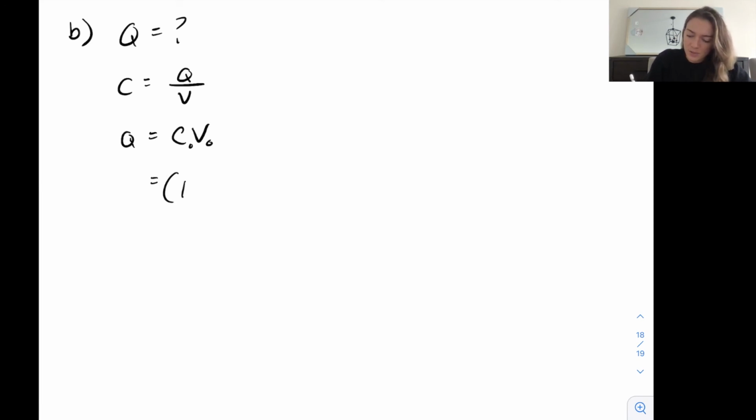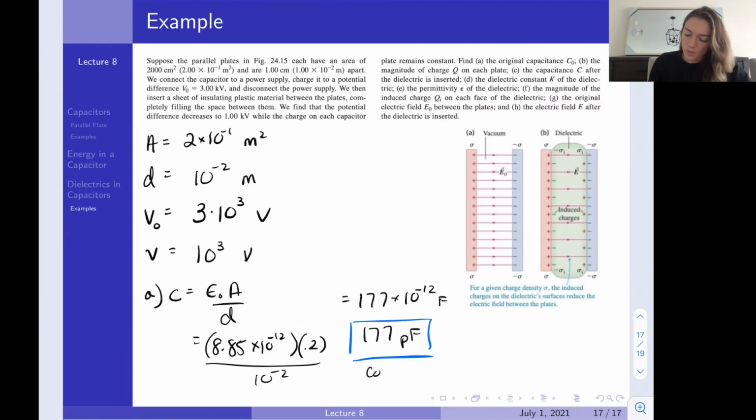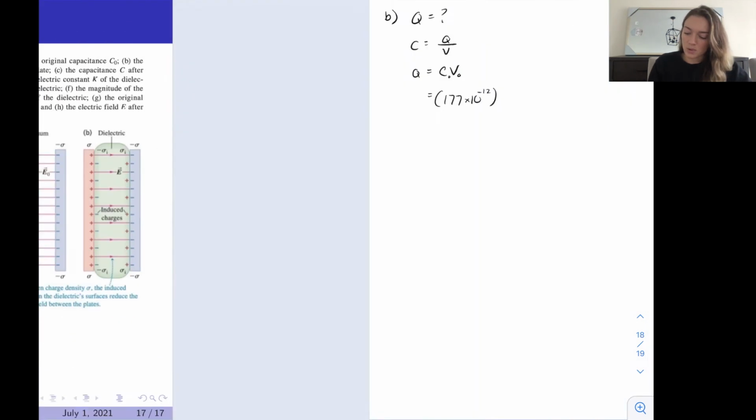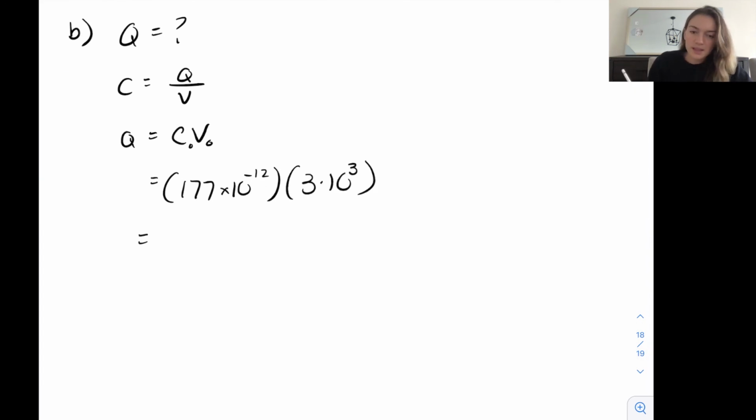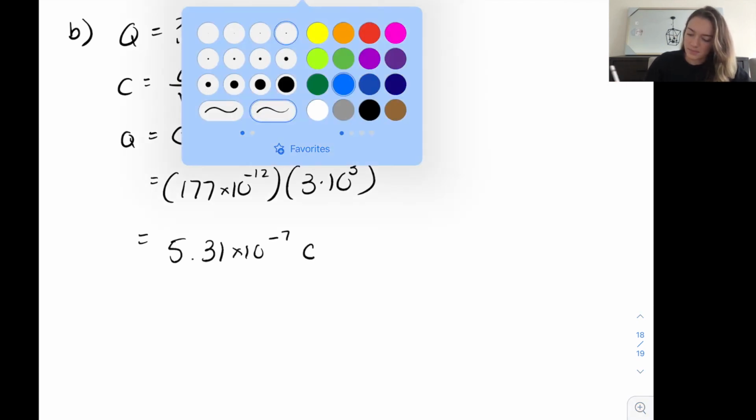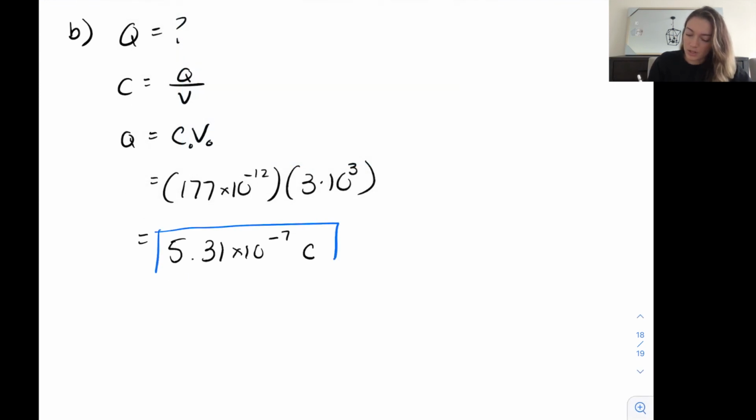Our capacitance was 177 times 10 to the negative 12, and the original voltage was 3 times 10 to the 3 volts, 3 kilovolts. This comes out to 5.31 times 10 to the negative 7 coulombs. So this is our charge on each of our plates.